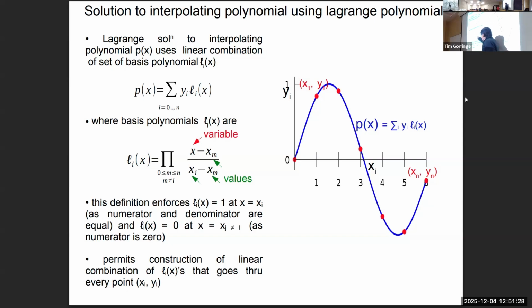So this little expression here is a product of these terms over this series here, rather than a summation.